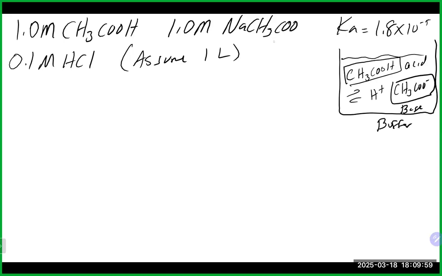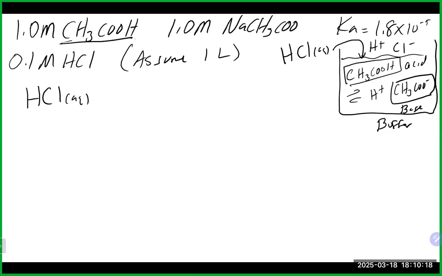Now, when I add some HCl to this mix, that gives me some H plus coming in and some Cl minus dropping into the solution. So when I add HCl to this buffer, will it react with the acetic acid or with the sodium acetate?